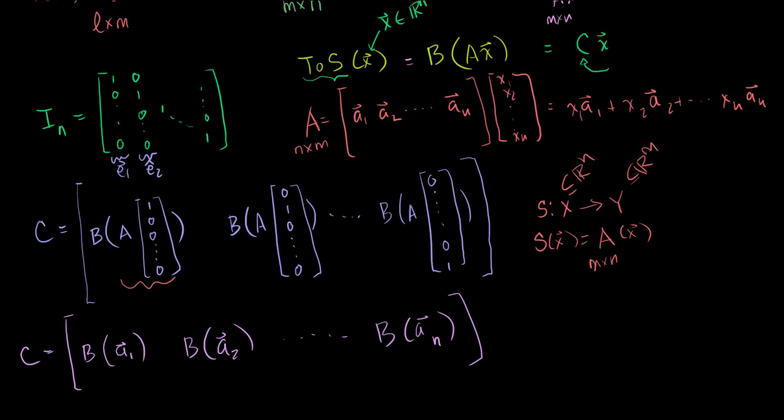Then I showed you another transformation, which we called T, a mapping from Y to Z. Z is a subset of RL.